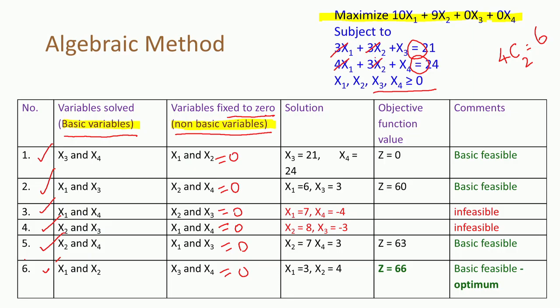So, I am just striking x1 x2 off. Now, we can easily see that the solution is x3 equal to 21, x4 equal to 24. Because x1 x2 are fixed at 0, they are not going to contribute. So, we will have x3 equal to 21, x4 equal to 24, that is shown here as the first solution. Now, we move to the second solution.